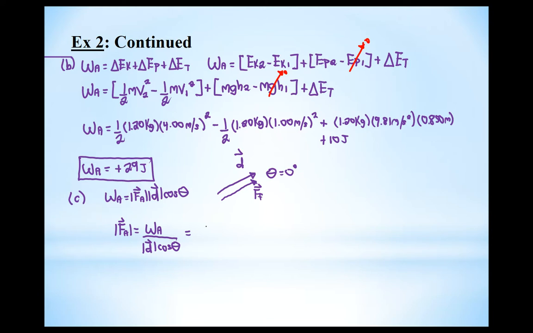Let's plug the numbers in. So then we have 29 joules divided by the distance the object moves, which is 5.0 meters. Again, we calculated that as part of part A in the question. Multiply by cosine of 0 degrees. And then the applied force would be equal to 5.8 newtons.